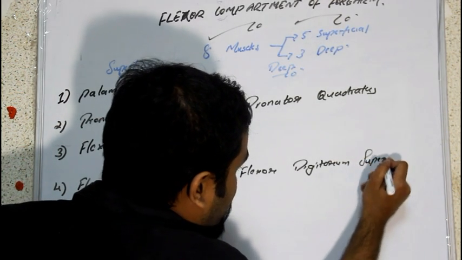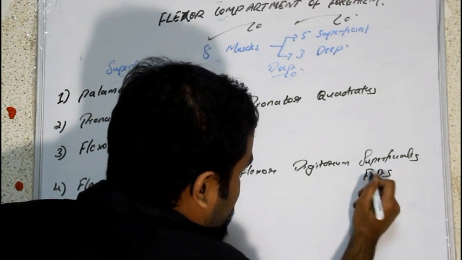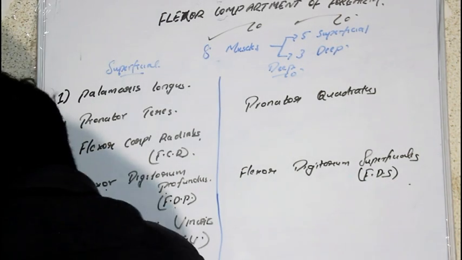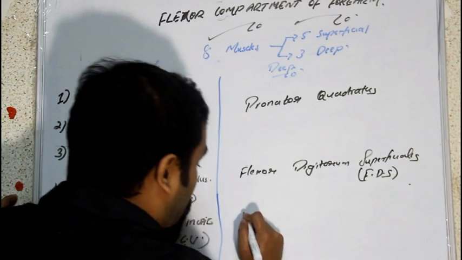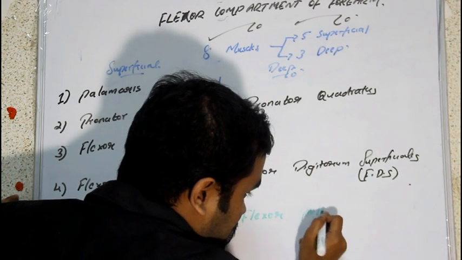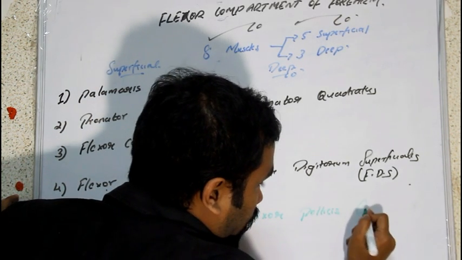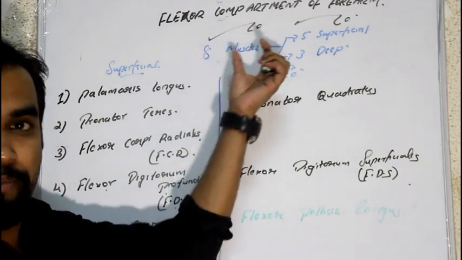Instead of profundus, you will write superficialis. That is FDS. And then the last muscle is only for deep, that is flexor pollicis longus. So these are the muscles in the flexor compartment of forearm.